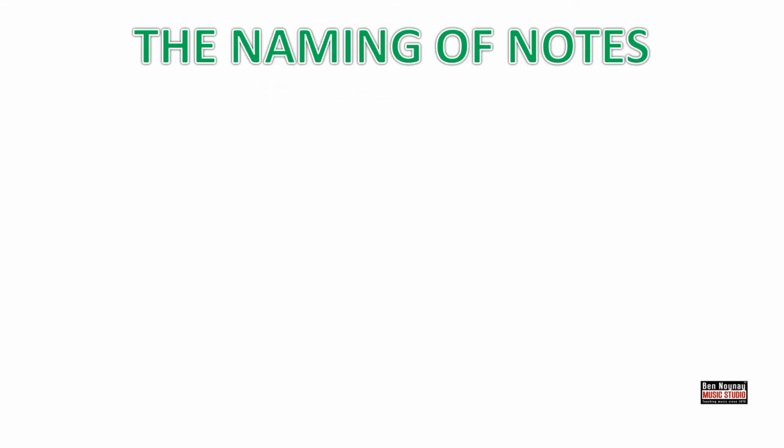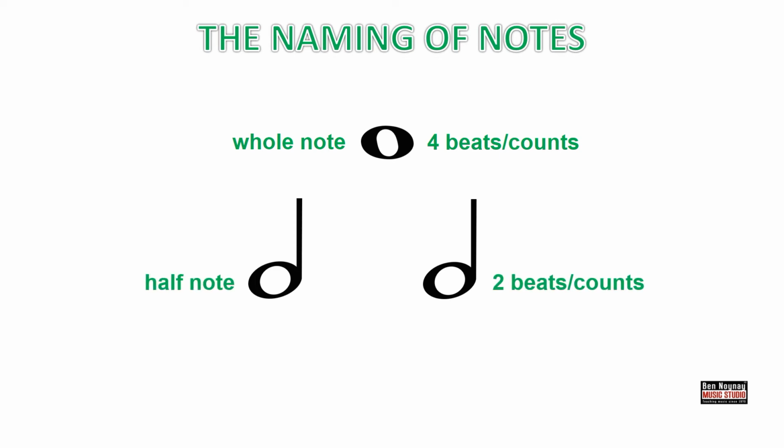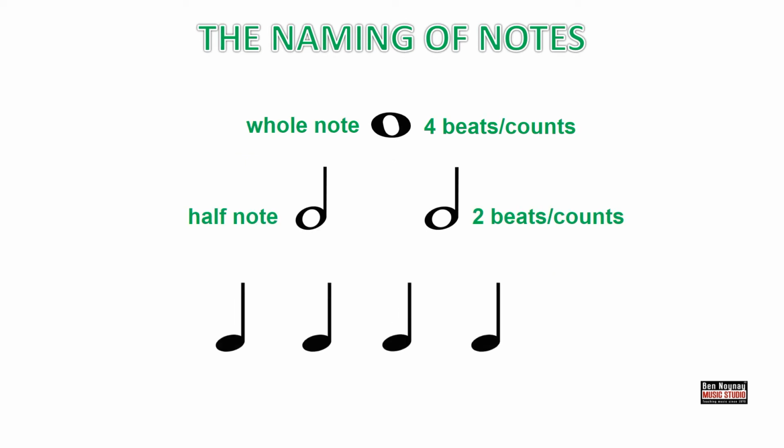In Western music, the naming of notes is based on the 4-beat note, which is the whole note. So the reason why half note is called as such is because its value is half of the whole note or 2 beats. And we call it a quarter note because its value is only 1/4 of the whole note or 1 beat.